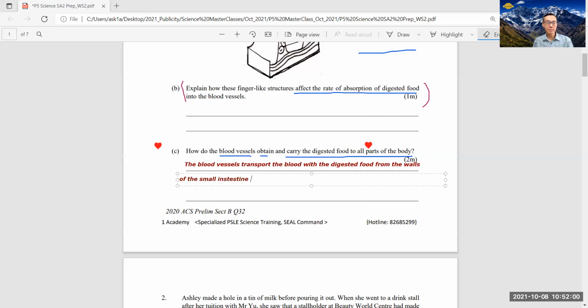Here you must mention the blood vessel transports the blood with the digested food from the walls of the small intestine to the heart. The heart will then pump.